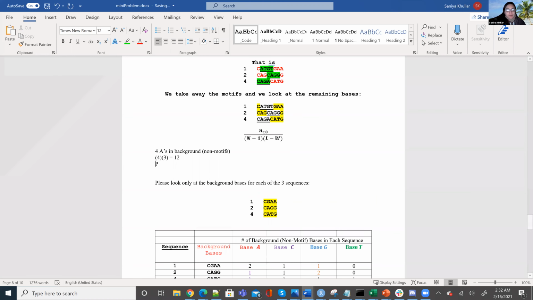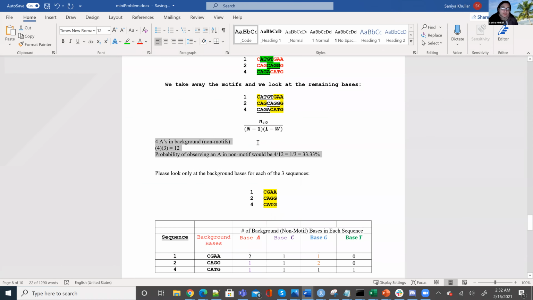So the probability of observing an A in non-motif would be 4 divided by 12, which is about 1/3, about 33.33%. That's the probability I would expect for an A.